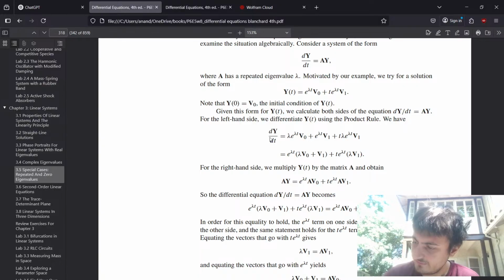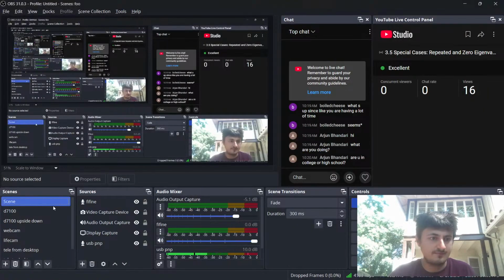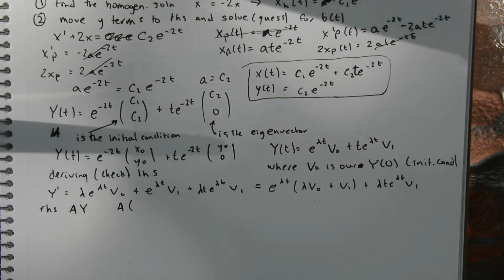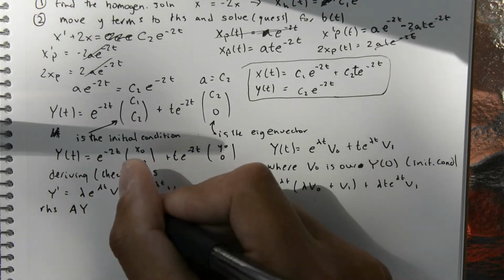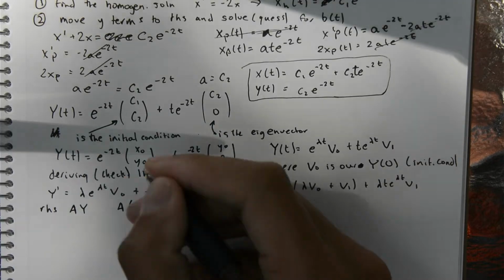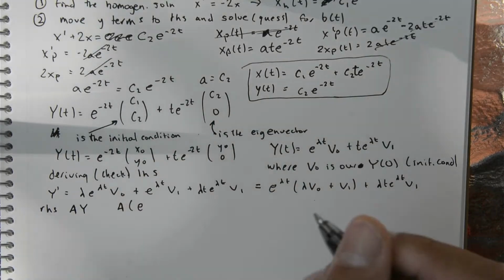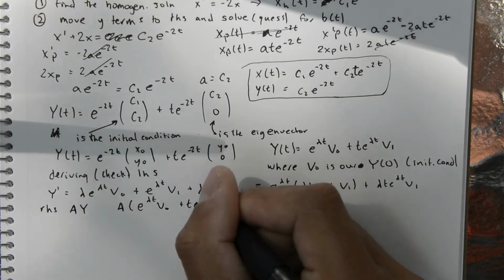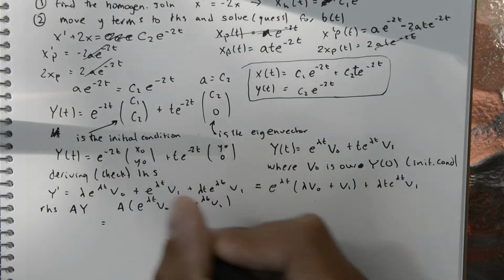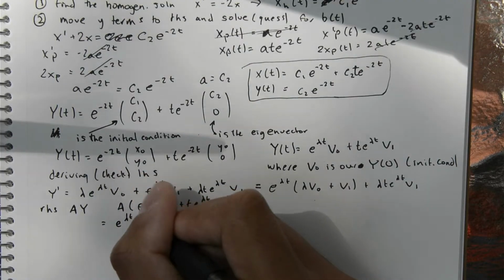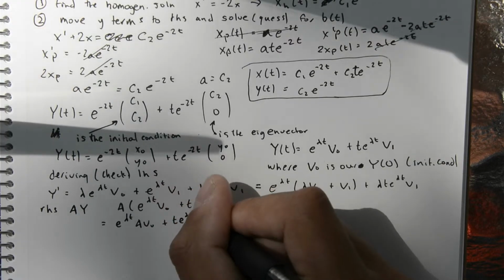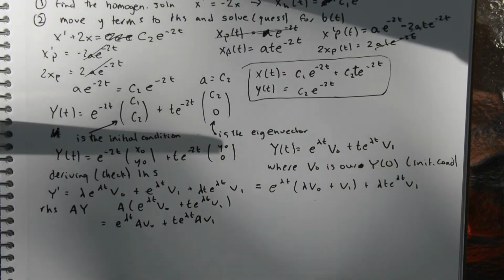So if you have A times y of t, where this just means times, e to the lambda t v0 plus t e to the lambda t v1, it is going to be equal to e to the lambda t A v0 plus t e to the lambda t A v1. Okay, so that's actually not that hard.